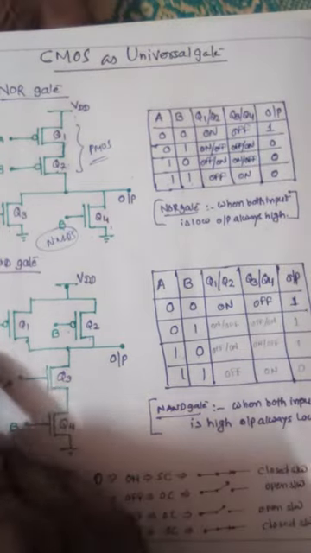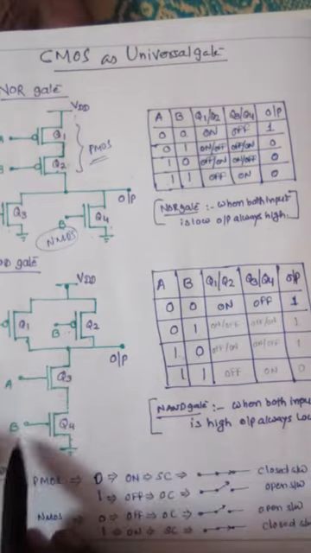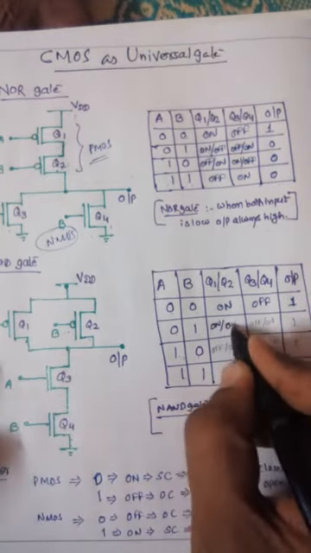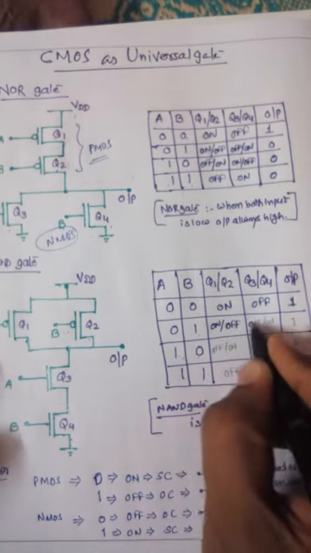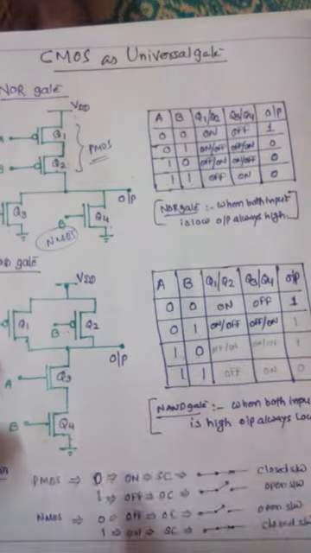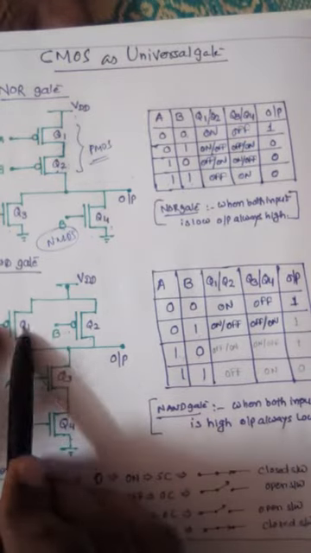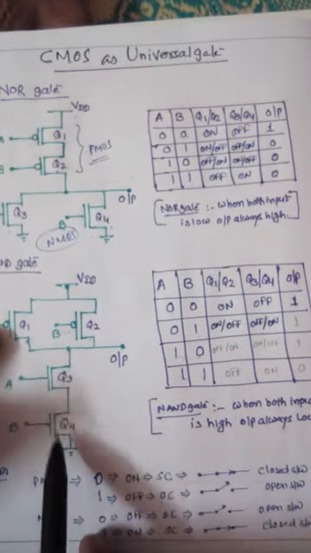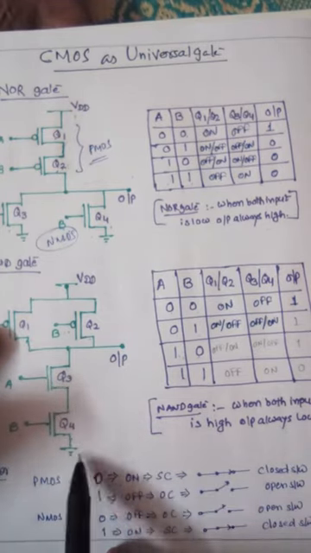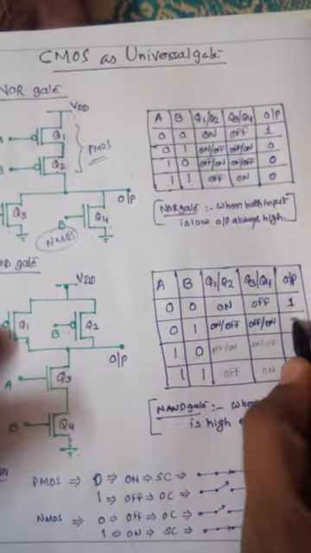Now A is 0 and B is 1, that is 0 and 1. At that time Q1 is on, Q2 is off, Q3 is off, and Q4 is on. So this is on, off, off, and on. So this one is off, then current cannot go this way, that's why output will be 1.